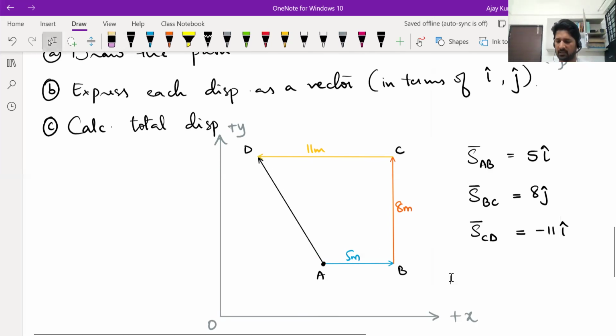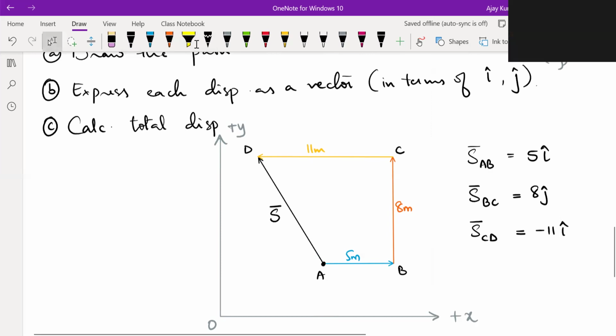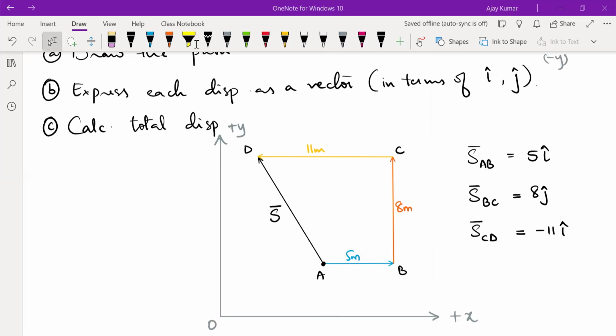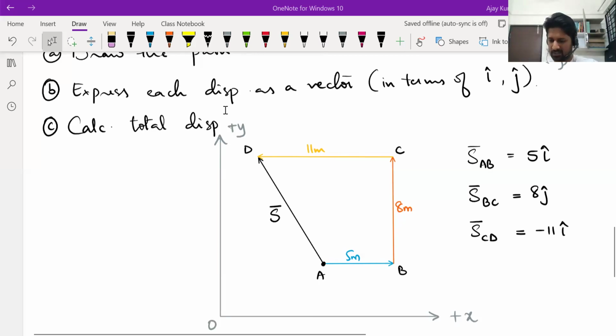So one of you tell me how to calculate this overall displacement. Total displacement, how to calculate?